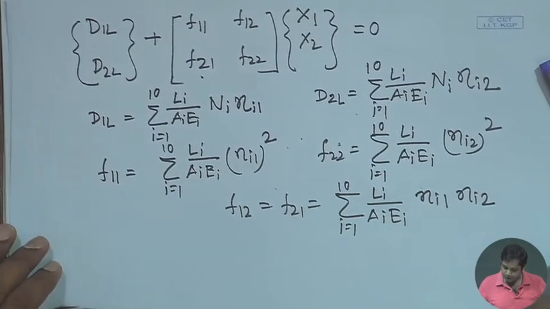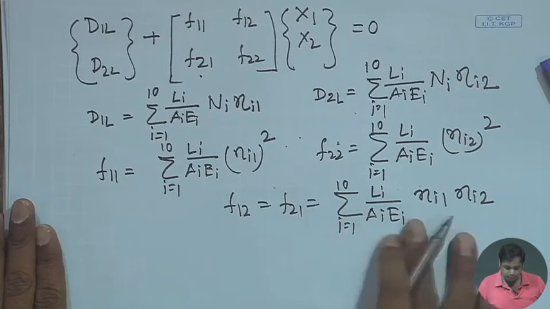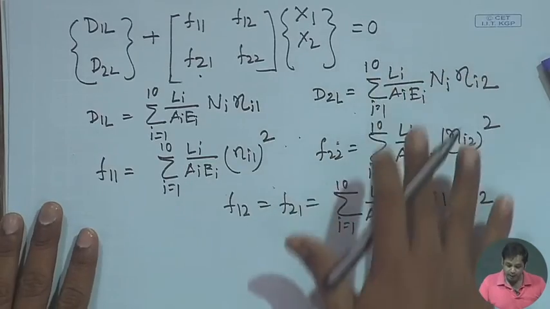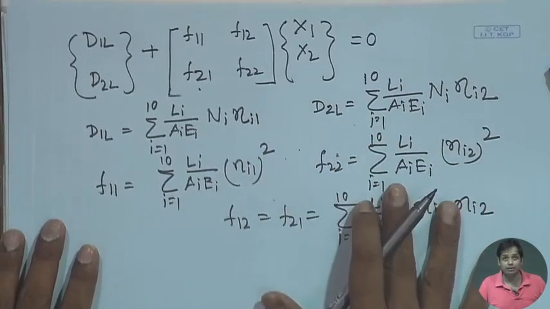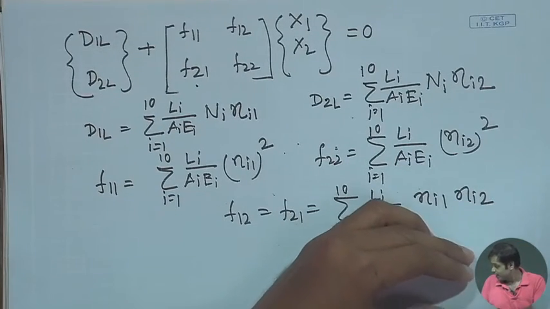Okay. Now, these are the flexibility coefficients. We can calculate these flexibility coefficients and write them here, and then the final expression we get is like this.